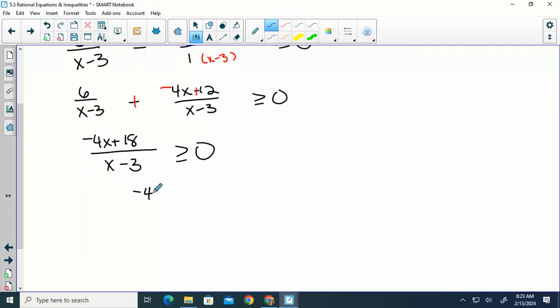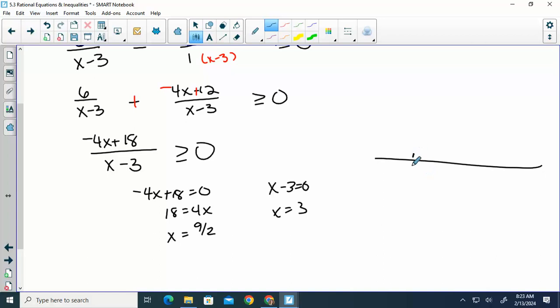Top and bottom equal to 0. So we get 9 halves and positive 3. So when you put them on your number line, make sure you do it in order. 3 is smaller, so it goes first. Smaller than 3, in between, and bigger.